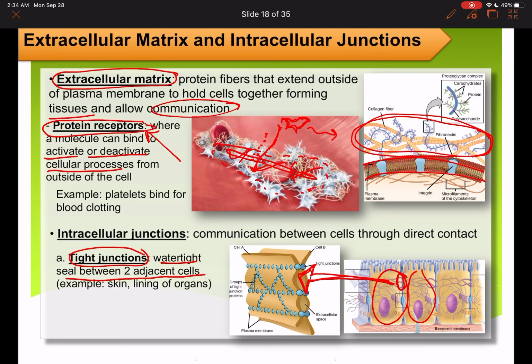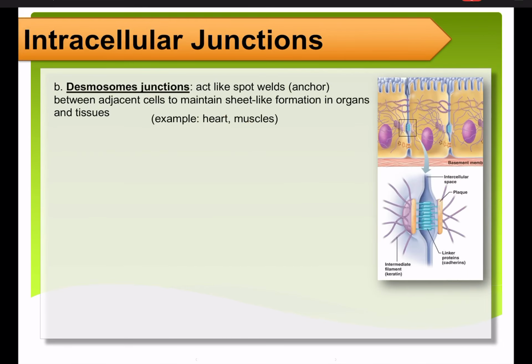All our other organs in the abdominal cavity would be burned alive with acid. So in some parts of the body, this type of watertight junction between cells is absolutely vital for our survival, such as in the stomach, lining of organs, and skin.